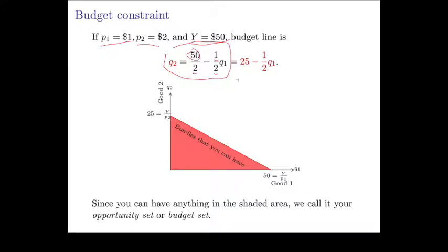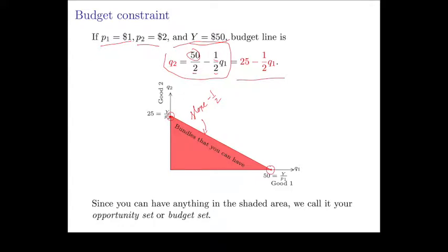So simplifying that, we have Q2 is 25 minus a half Q1. So we can plot that. So the vertical intercept is Y over P2, which is 25. The horizontal intercept is 50. And the slope of this line is minus a half.